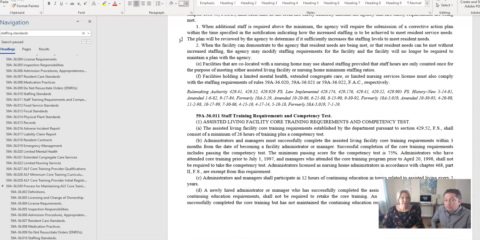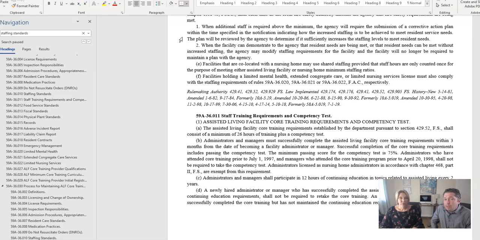When additional staff is required above the minimum, the agency will require the submission of a corrective action plan within the time specified in the notification, indicating how the increased staffing is to be achieved to meet residents' service needs. The plan will be reviewed by the agency to determine if it sufficiently increases the staffing levels to meet resident needs.